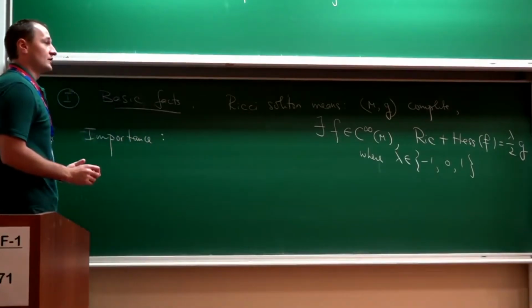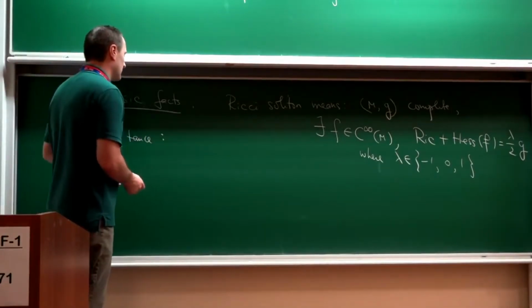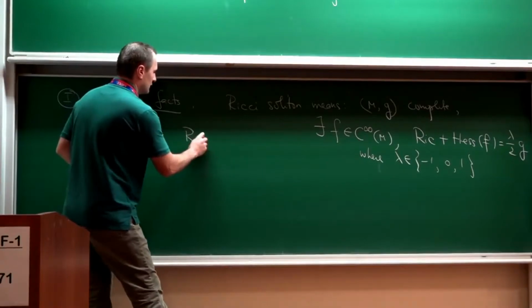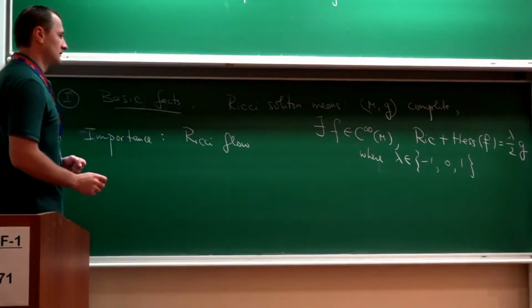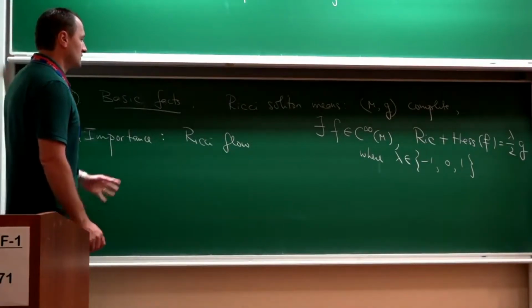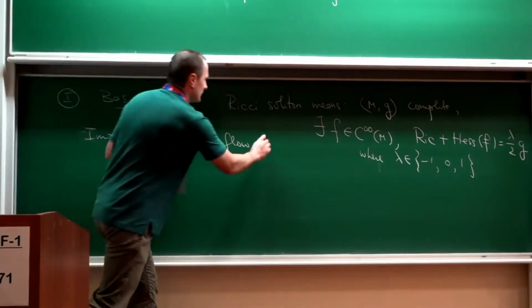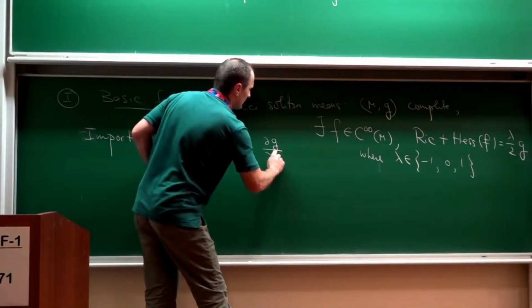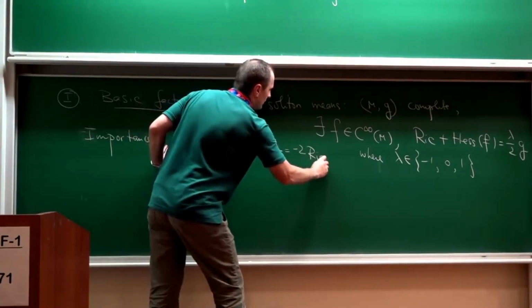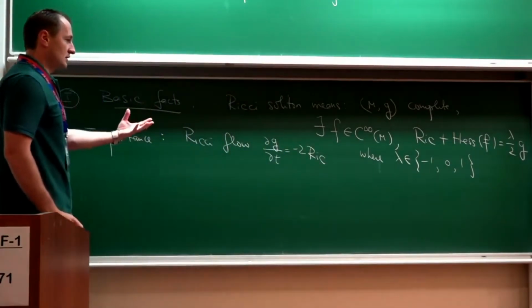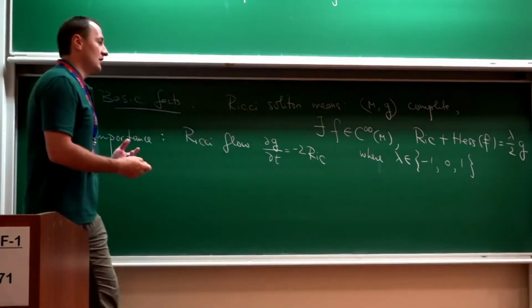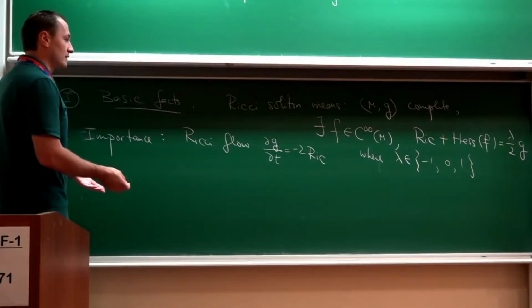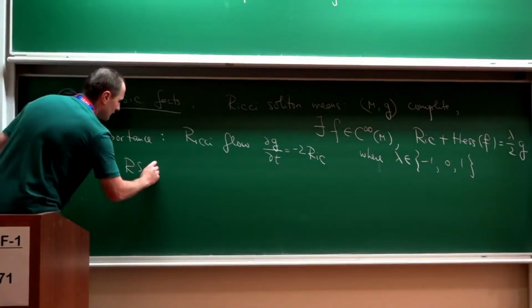They are important because we studied them in the Ricci flow, which is the topic of some of the lectures. So Ricci flow, which is dg over dt, is -2 Ricci. And how do I construct such a flow? There's no time in the soliton. How do I construct a Ricci flow from a Ricci soliton?